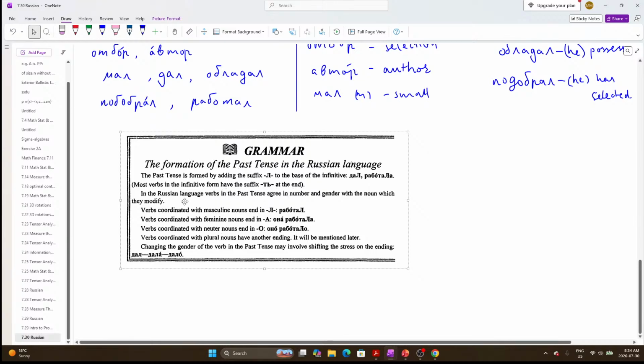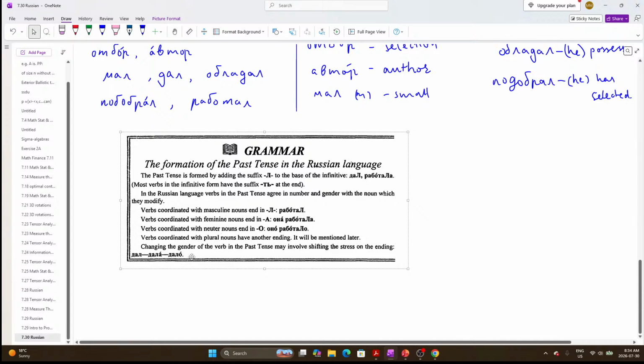In the Russian verbs, the past tense agrees in number and gender with the noun which they modify. Okay, verbs coordinated with masculine nouns end in L. Работал, like he worked. Verbs coordinated with feminine nouns end in A. Она работала. She worked. Verbs coordinated with neuter nouns end in O. Оно работало. Verbs coordinated with plural nouns have another ending. It will be mentioned later.